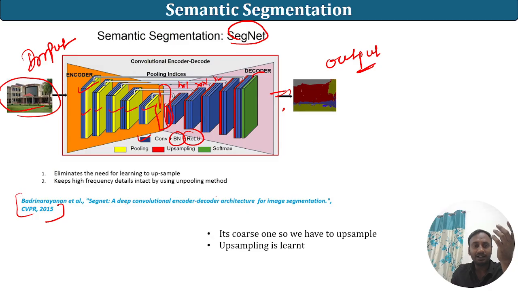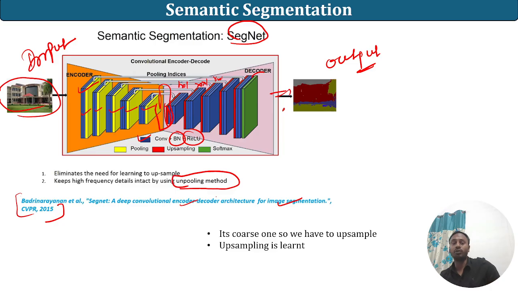SegNet: a deep CNN encoder-decoder architecture for image segmentation. It keeps high frequency detail intact by using the unpooling method. Unpooling means we're not going to pool down, we'll do the unpooling.